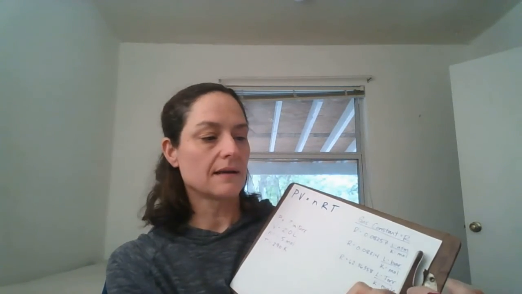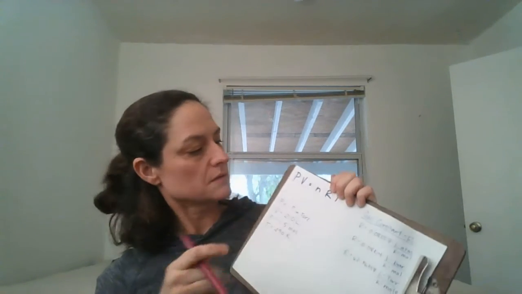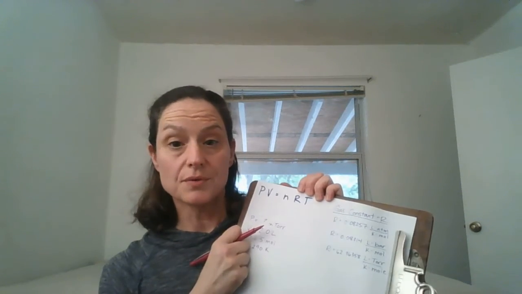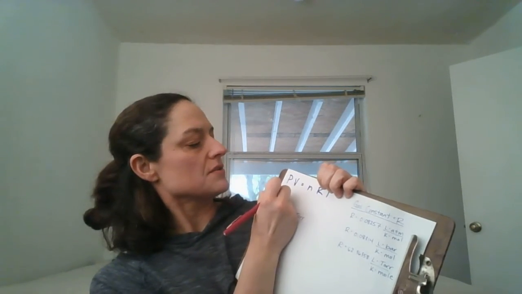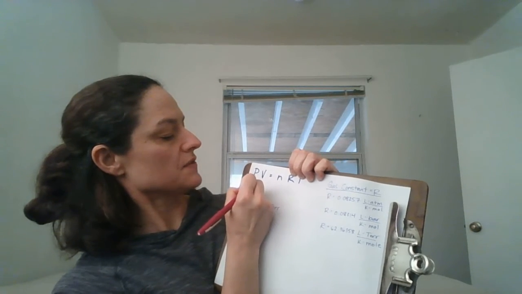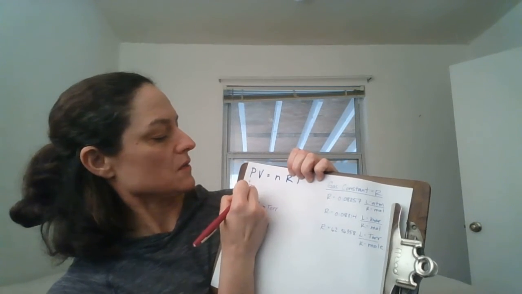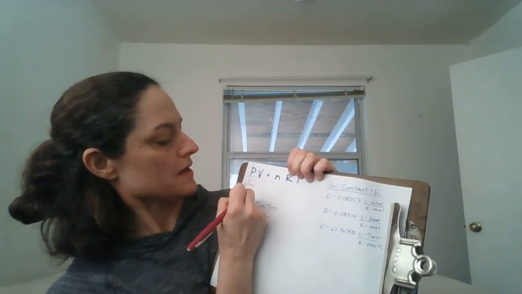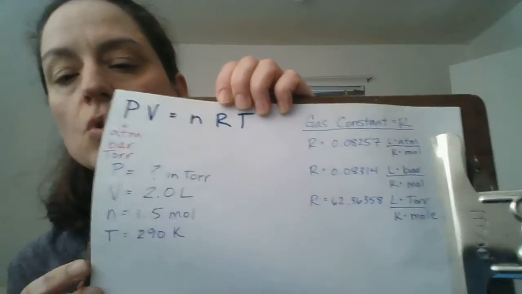Each of these items in this equation has certain units to it. Pressure can be in three of them. It can be in atmospheres, it can be in what's called bar, or it can be in what's called torr.